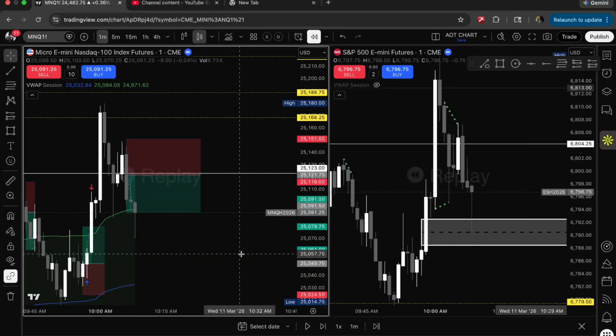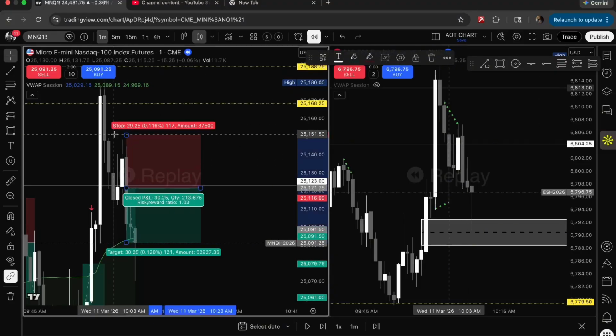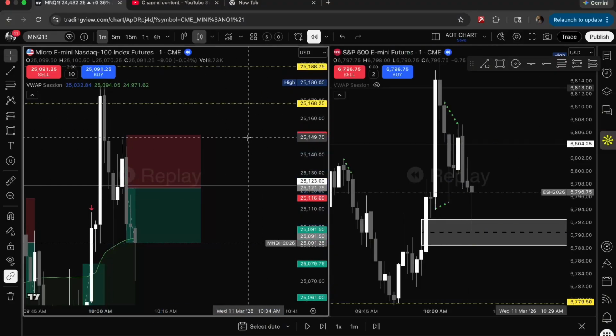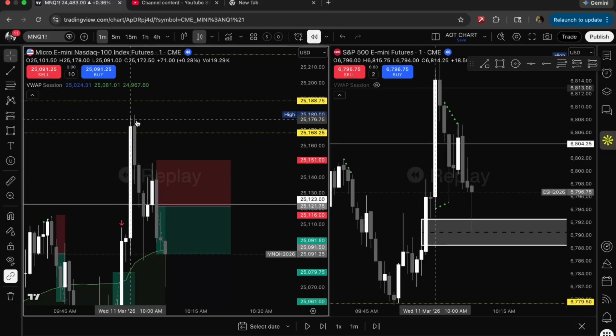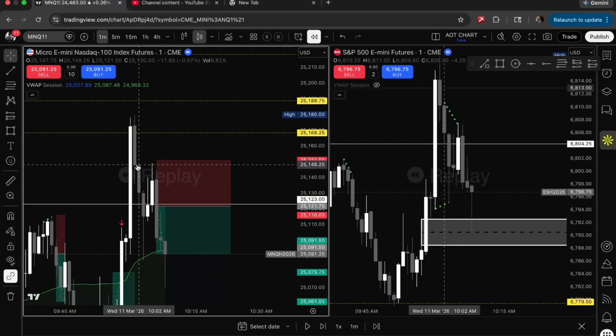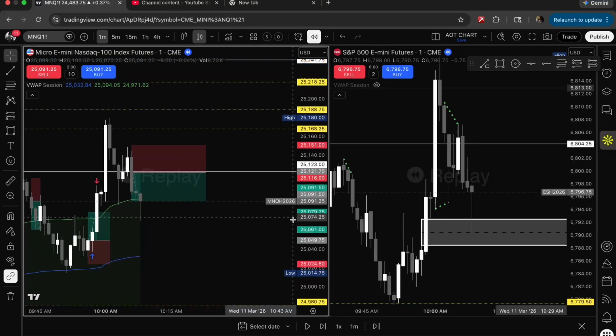Remember what an A plus trade or an A plus setup is for our model. We need protected stop loss. We have protected stop loss with this displacement candle. We need SMT. We have double stacked SMT because we have an SMT at this high right here, and then we have an internal SMT right here. And we need draw of liquidity.